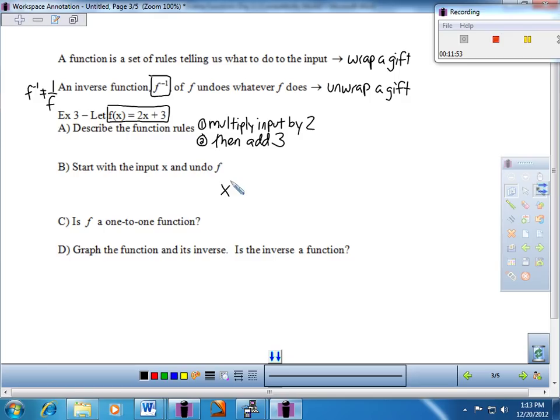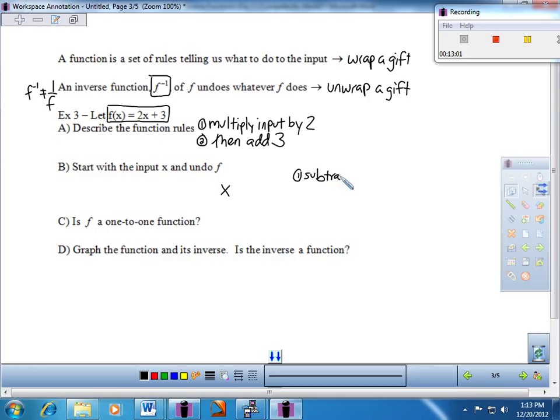You would undo the bow, you'd undo the tape, you'd undo the paper, and then you take the gift out of the box. You go backwards. So if these are my steps to create the function, I'm going to undo them working backwards. Everyone okay with that? So in this case, my first order of business would be to undo adding 3.